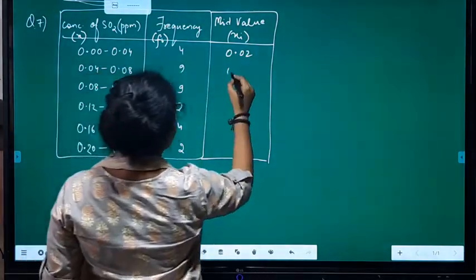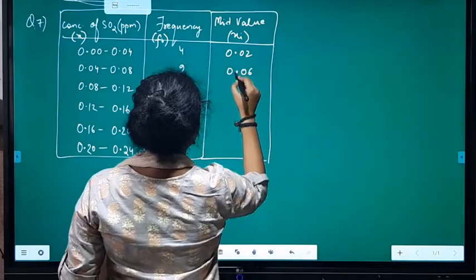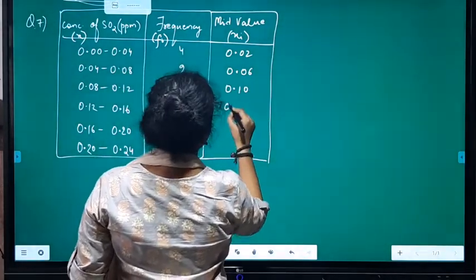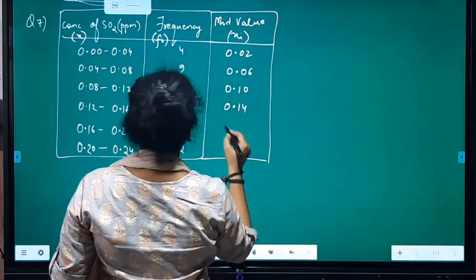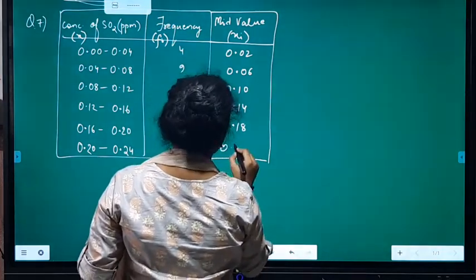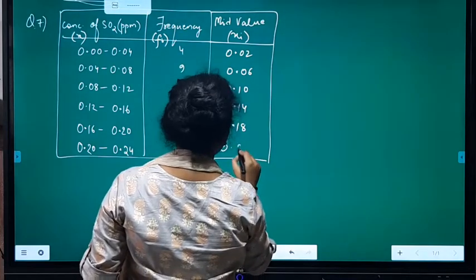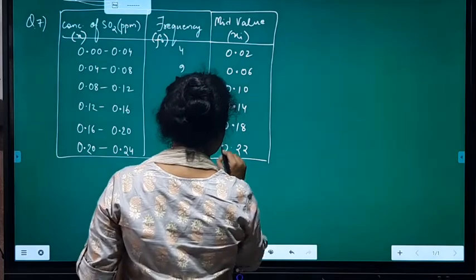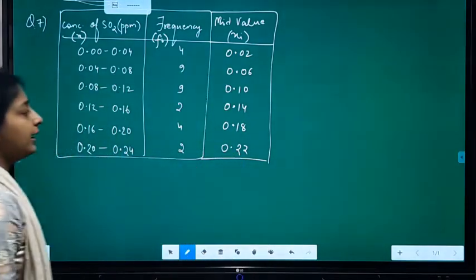Here we will have 0.06. Here we will have 0.10, then 0.14, then 0.18, and the last will be 0.22. These are our mid values.